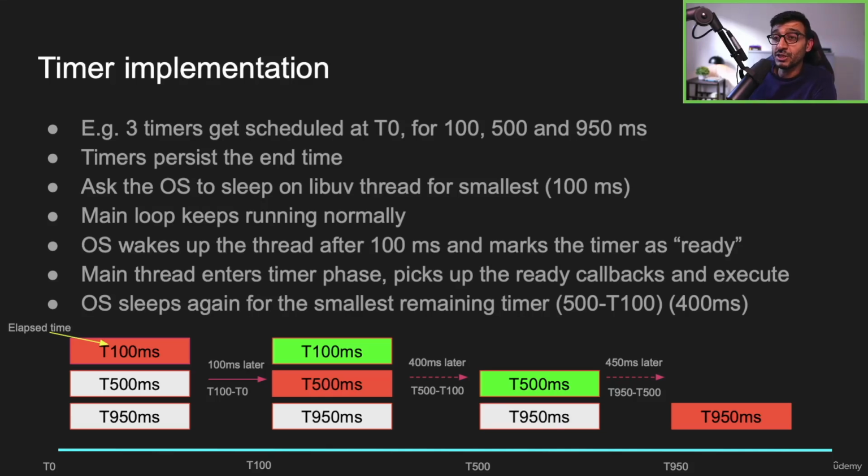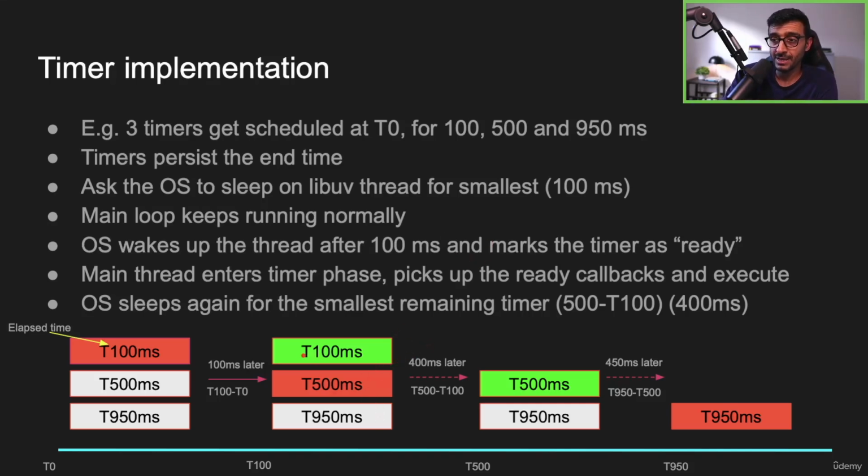But you'll have to change the Node.js implementation, because the phases themselves might delay timers, right? Because even though the callback is ready, all libuv does is mark this as ready. That's all it does. So when Node comes to the timer phase, it just picks up the green ones, right?